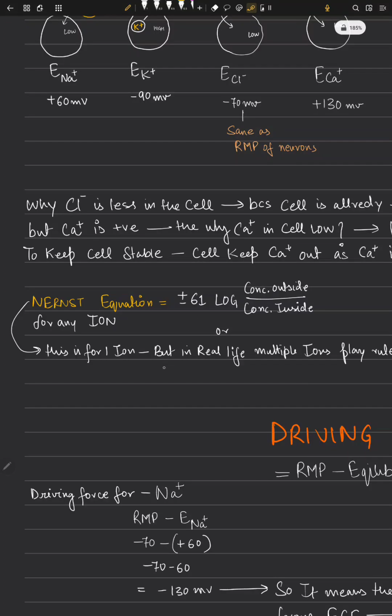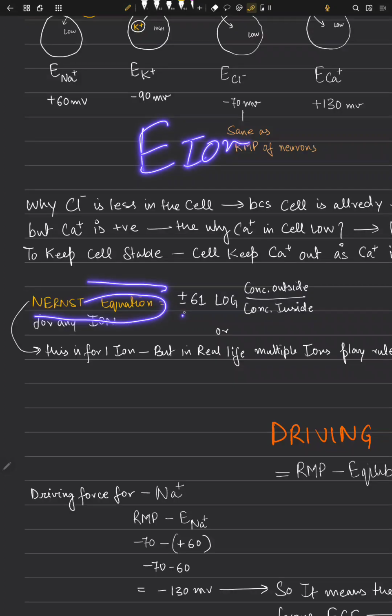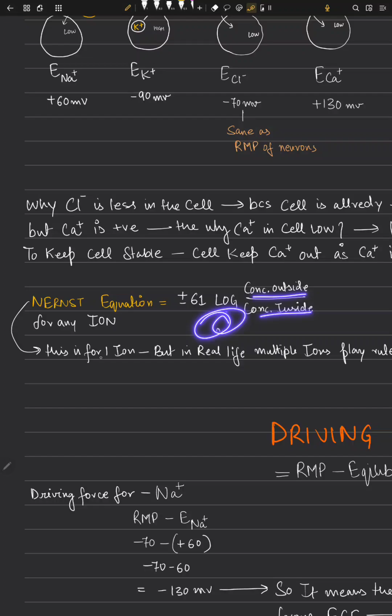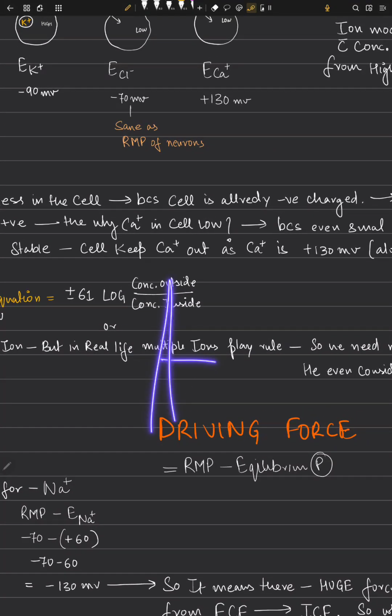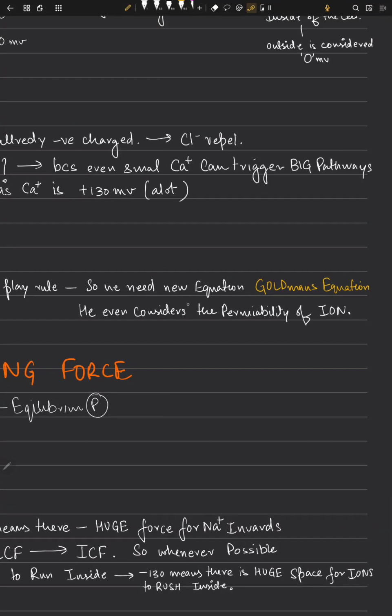What is the Nernst equation? We can calculate this equilibrium potential of an ion by using the Nernst equation: plus or minus 61 log of concentration outside over concentration inside, for one ion. In real life, multiple ions play a big role, of course, so we can use Goldman's equation.